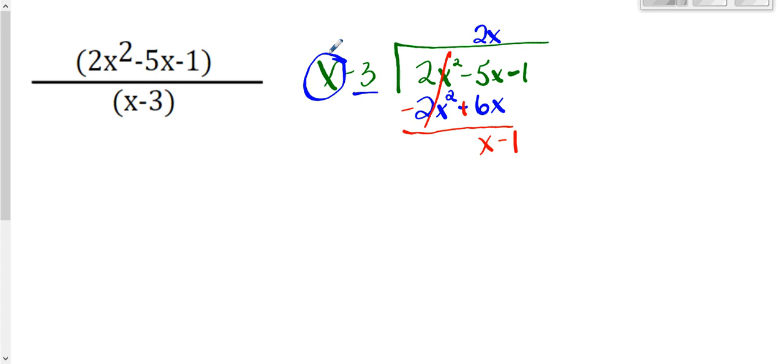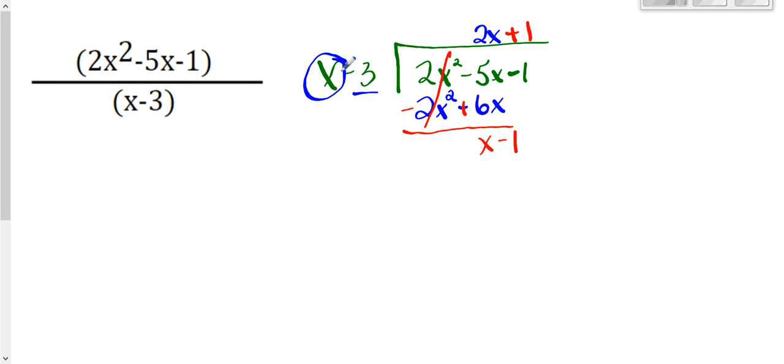So once again, I'm going to look at this first term. And now I'm looking to see what I would need to multiply by to get this term, x. I'd need to multiply by 1. So now I have plus 1.